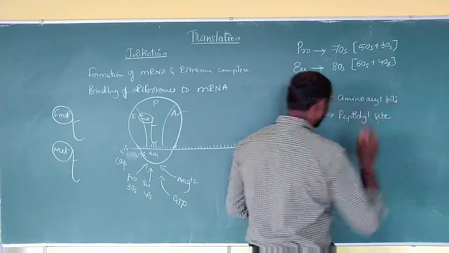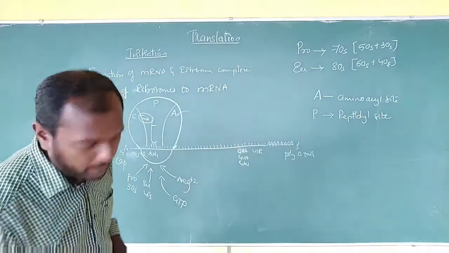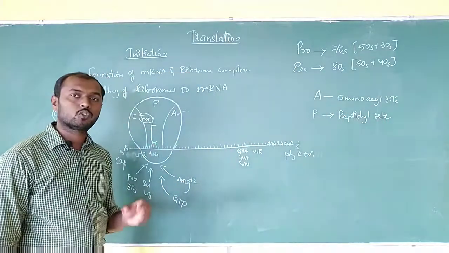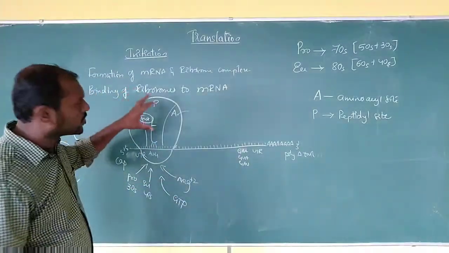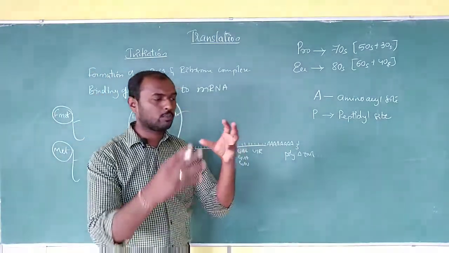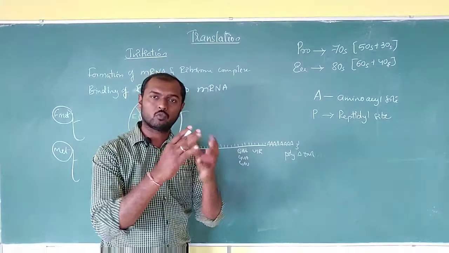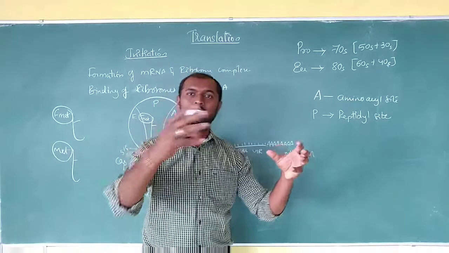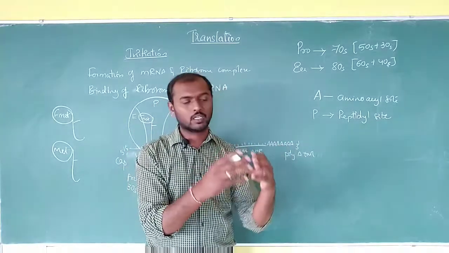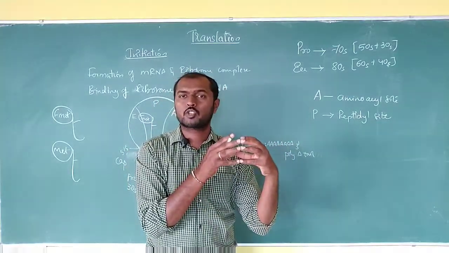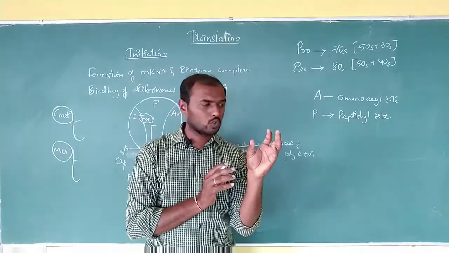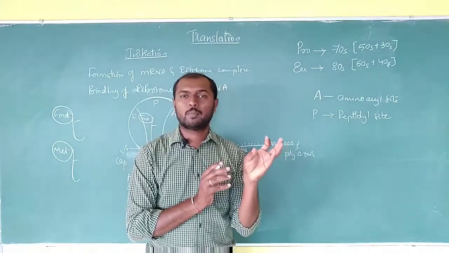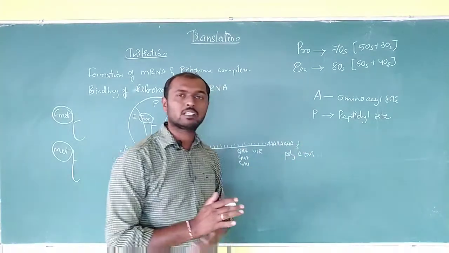It is the site where the bond forms between 2 amino acids, one already present in the P site and one just entering the A site. That's why, because the peptide bond forms here, it is called the peptidyl site.